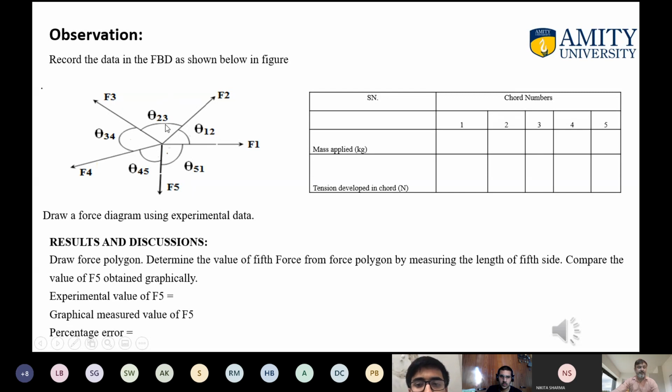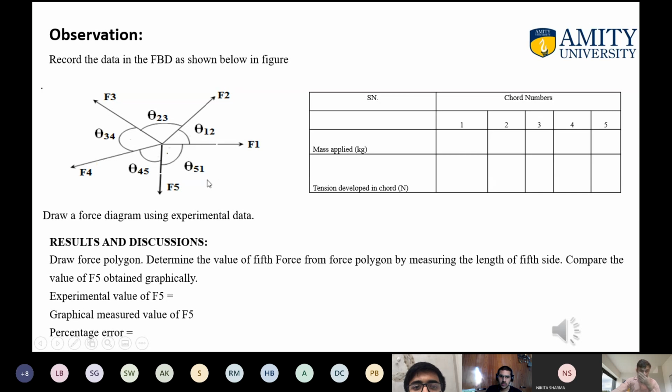Similarly, F3 is theta 2,3, and F4 is theta 3,4, and F5 is theta 4,5, and the angle between F1 and F2 is theta 5,1.